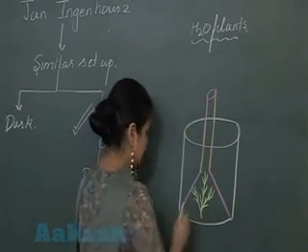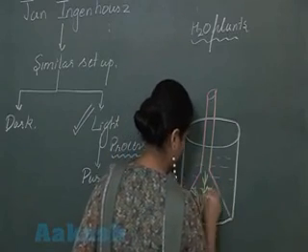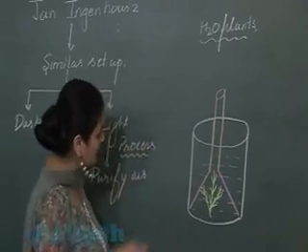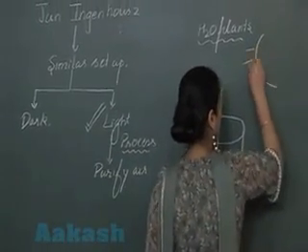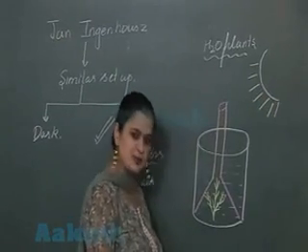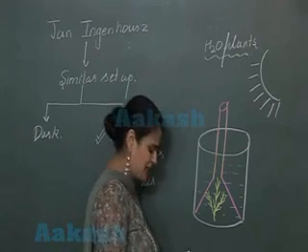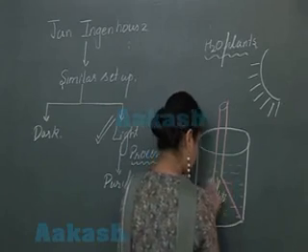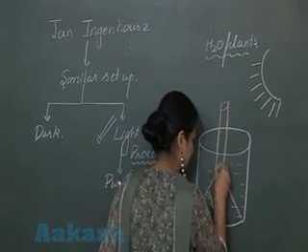Yes, so inside the beaker there is a water plant, and over the water plant he placed an inverted funnel, and he illuminated this setup with light. Right? What he observed was that in the presence of light, the green parts of the plant produced bubbles. Bubbles are being produced around the green parts of the plant.